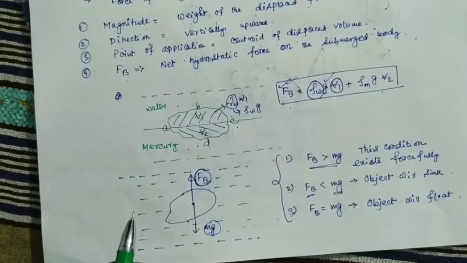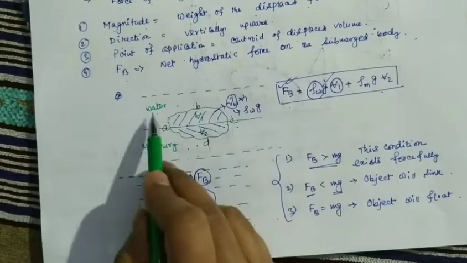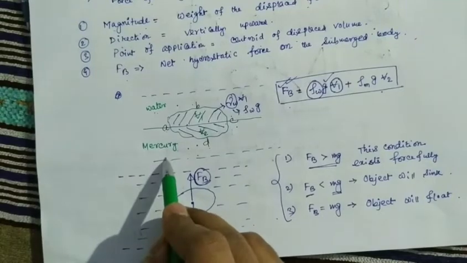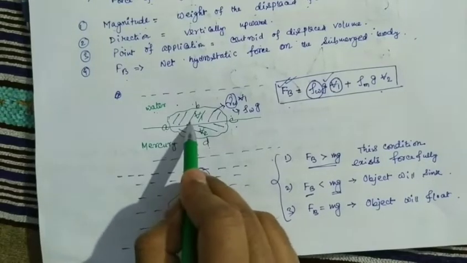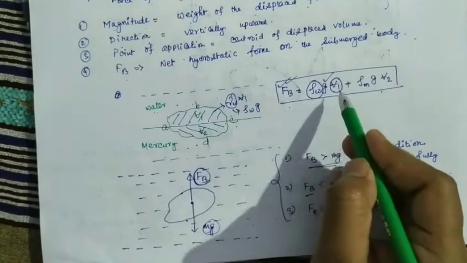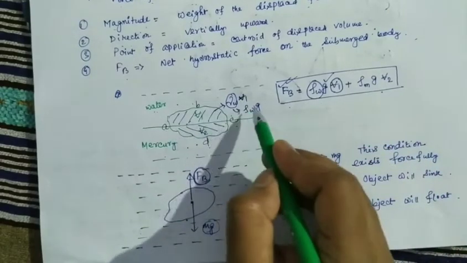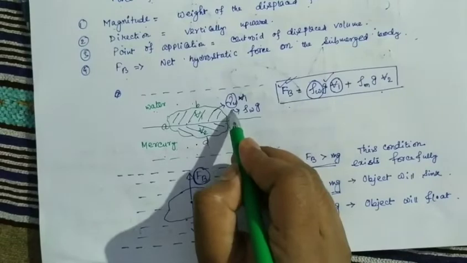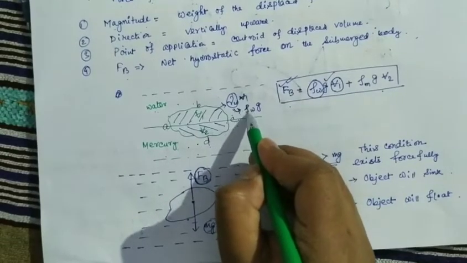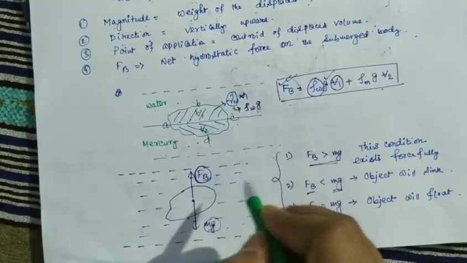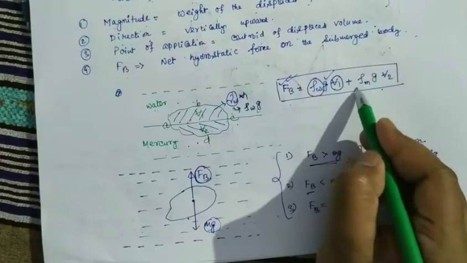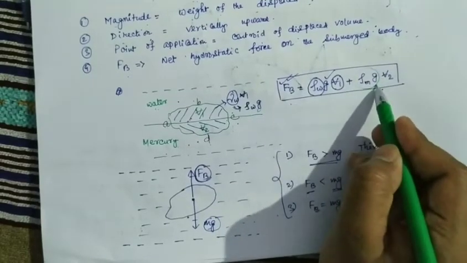It will be the summation of the buoyancy force of water and the buoyancy force of mercury. To get the buoyancy force of water, you just multiply unit weight into the volume of water. The unit weight of water is equal to density of water into g. Similarly, the unit weight of mercury is the density of mercury into g.